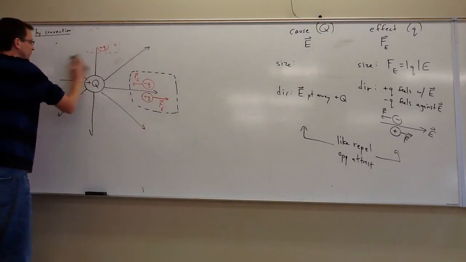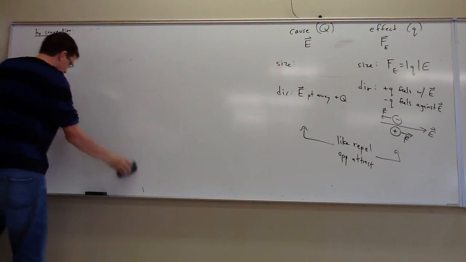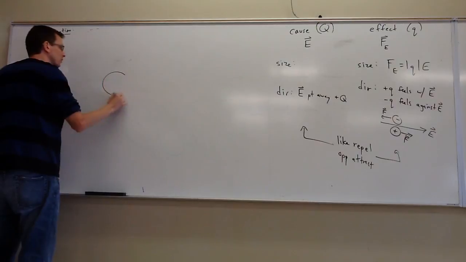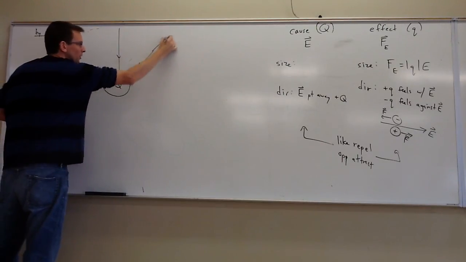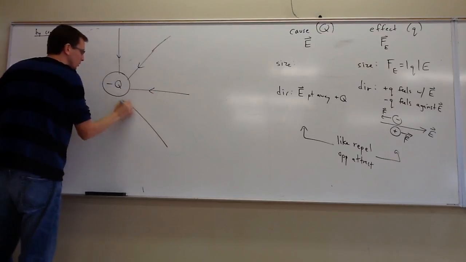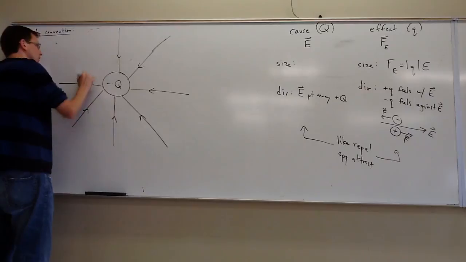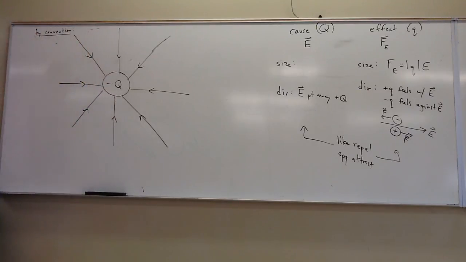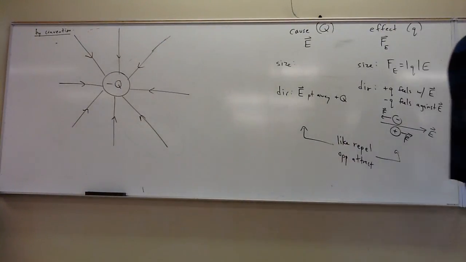For a negative charge, we just simply have to agree to draw the electric field lines radially inward. So the electric field lines come in from infinity and terminate on the minus charge instead of starting at the charge and going outward to infinity.